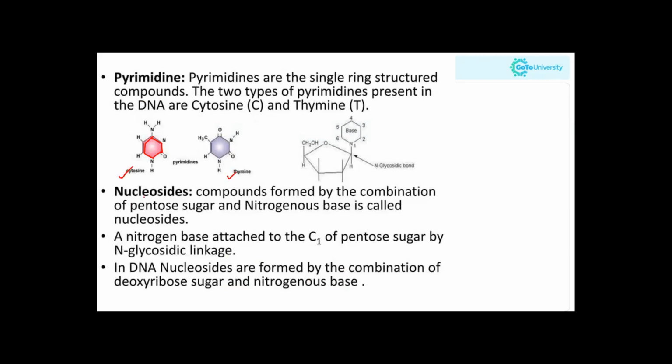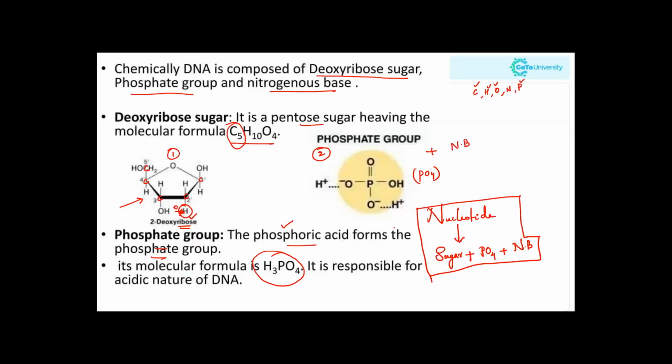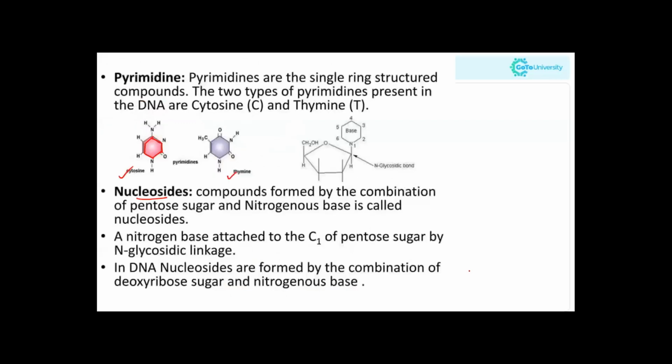Now we are going to learn a new term, that is nucleoside. Nucleoside refers to a nitrogenous base plus pentose sugar without the phosphate group. That is, the nitrogenous base forms a bond with the pentose sugar molecule, and a phosphate group is not included in this compound, then that is called a nucleoside.